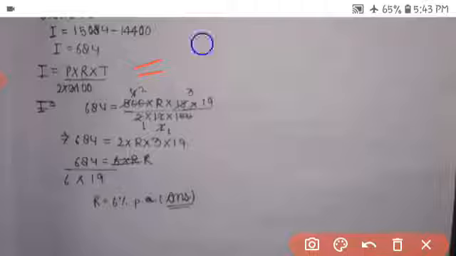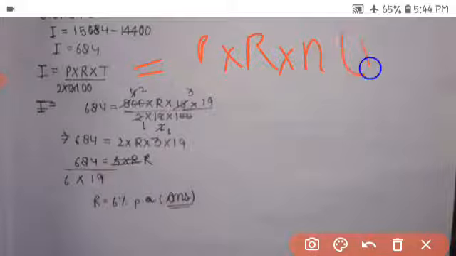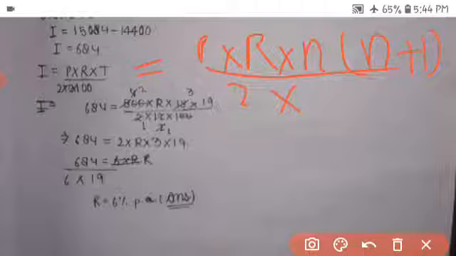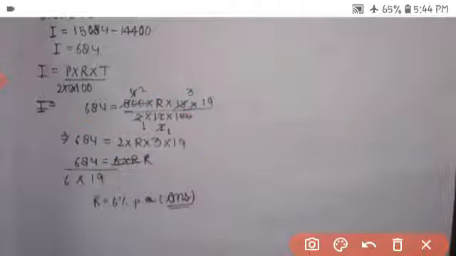Again here, repeated formula, P into R into (n plus 1) upon (2 into 12 into 100). Now look at here, 6400. Now putting the value of P and n, 18 into 19. Here cancel out the values. 2 into R into 3 into 19, cancel out the result. Now R is equal to 6% per annum.